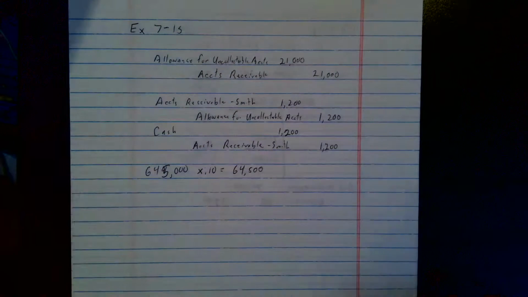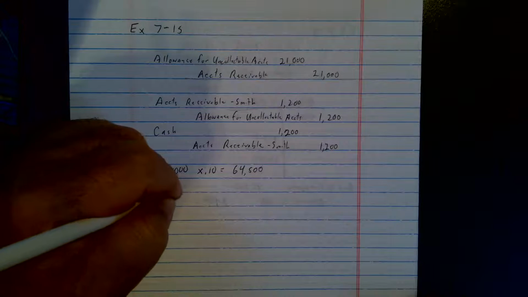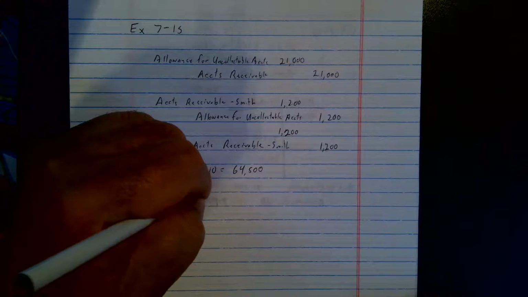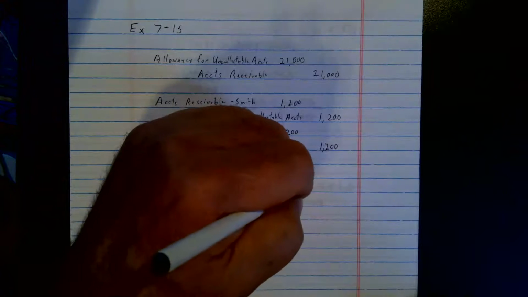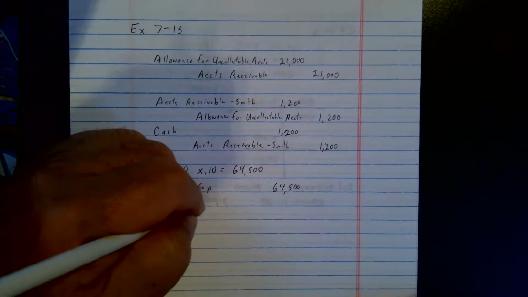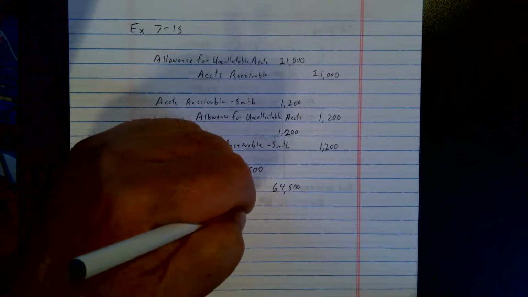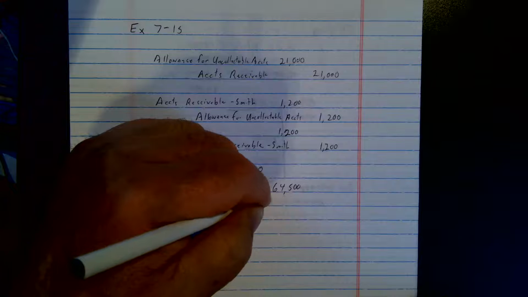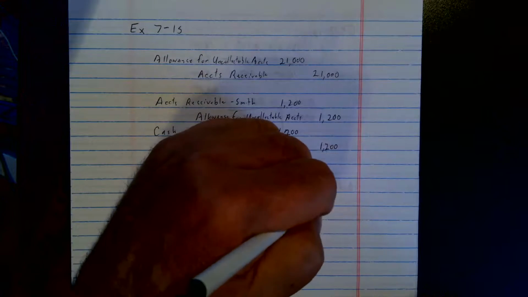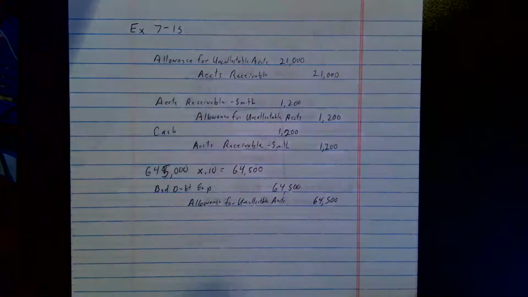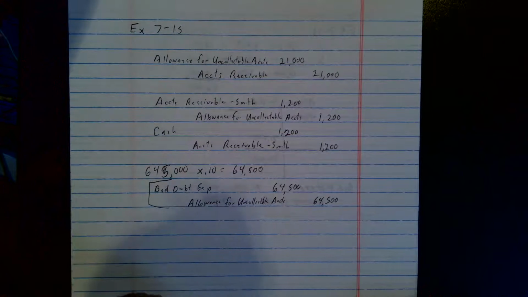So our journal entry to show the bad debt expense will be bad debt expense $64,500, and allowance for uncollectible accounts $64,500. So that's your journal entry right there.